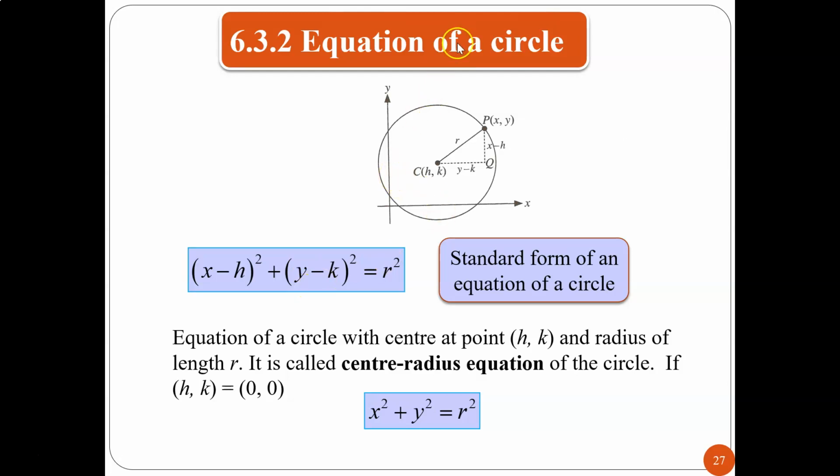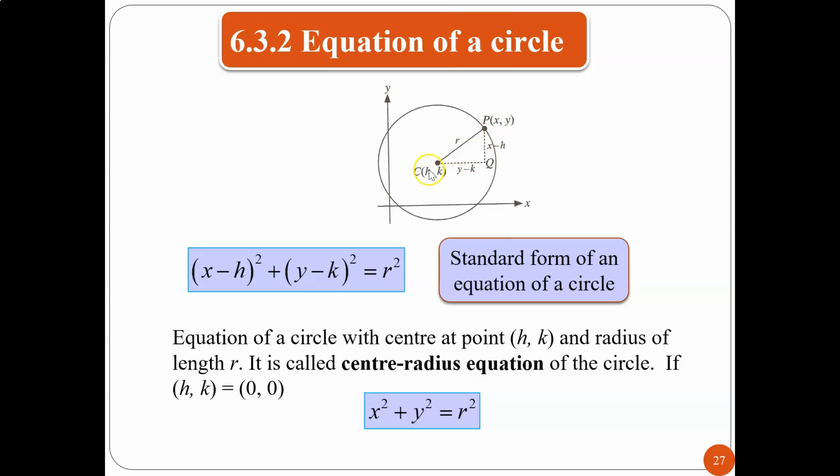So you have equation of a circle. Kita berbalik kepada yang tadi. We have point C and point P and you have R, the radius. So this is a standard form of an equation of a circle. Standard form tu kita obtain macam mana? X minus H. Ni X. Sini pun X kan?